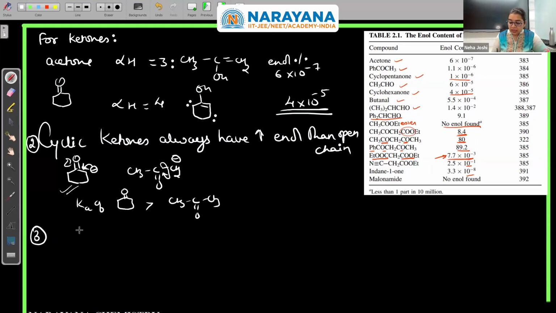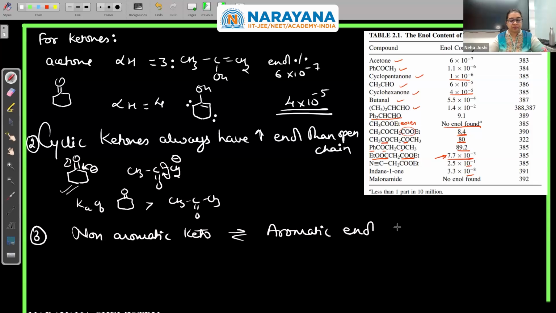So point number 3, I will say that when a non-aromatic keto form gets converted to an aromatic enol, then enol not only increases but also dominates. I think all of you agree to the phenol thing, right?